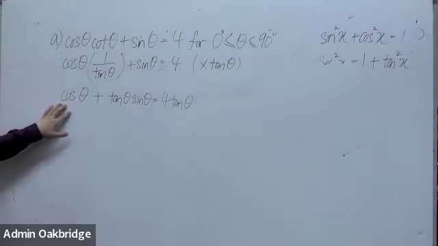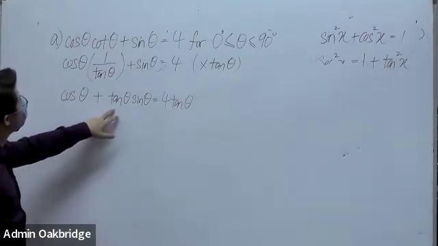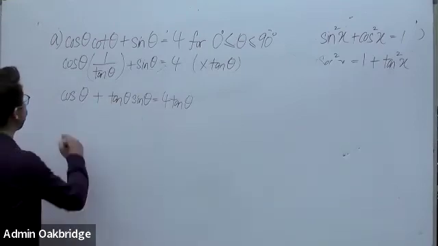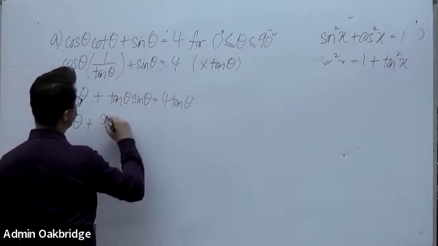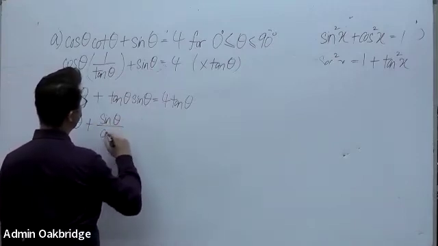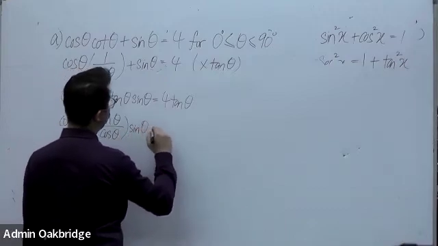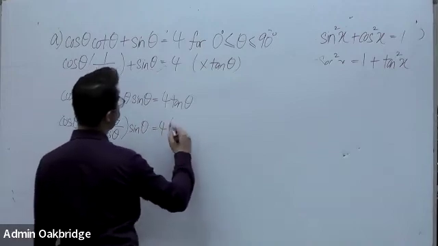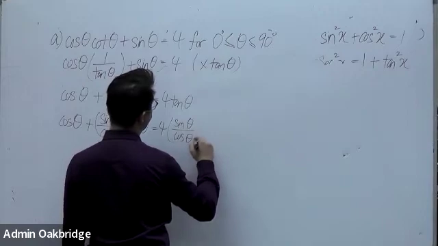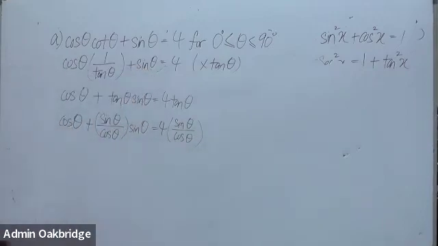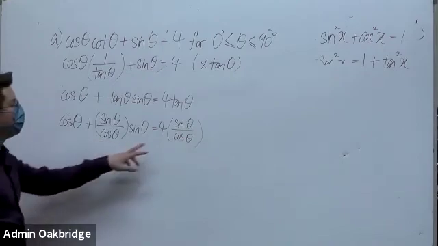Okay, let me check again. So normally we change the tangent, make it sine over cos first. This one also sine over cos. And then now what we can do, again, you see the denominator, right?